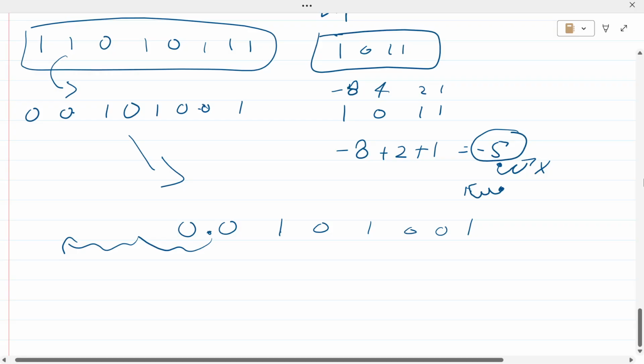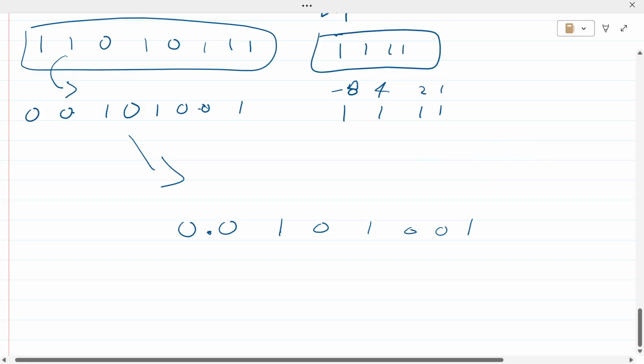I think in order to make this easier, I can do one thing. If this is your exponent, in that case it would be negative 8 plus 4 plus 2 plus 1, and that gives you a negative 1, right? So let's just write a few extra zeros in here.